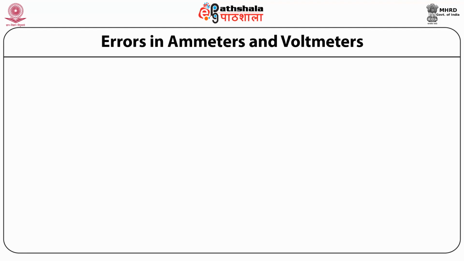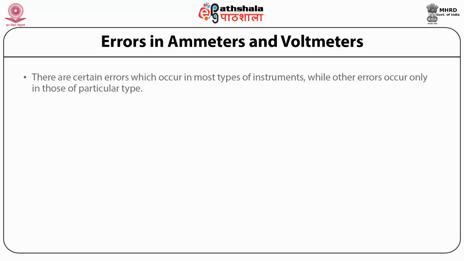Students, now let us see the errors in the ammeters and voltmeters. There are certain errors which occur in most types of instruments, while other errors occur only in those of particular type.